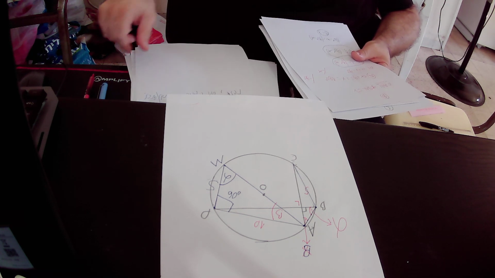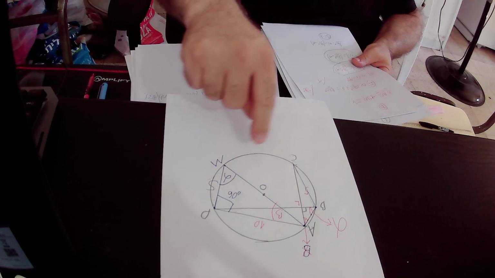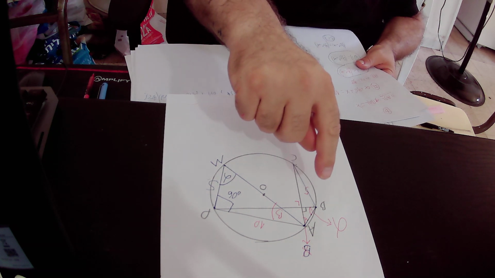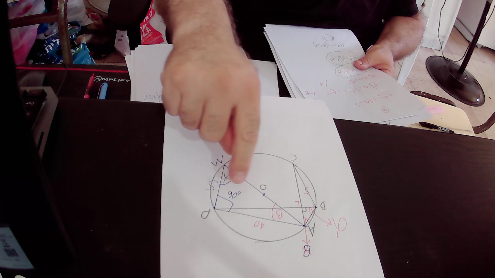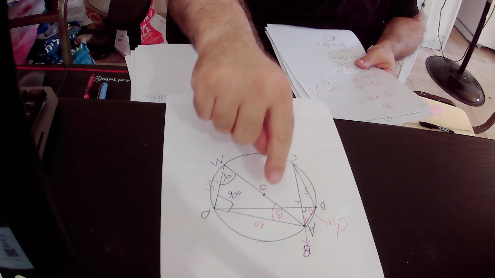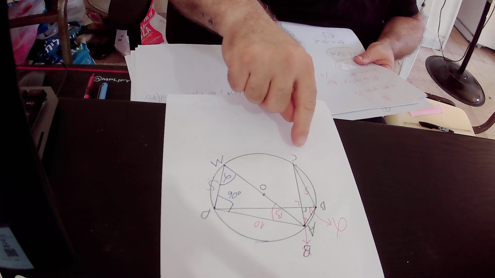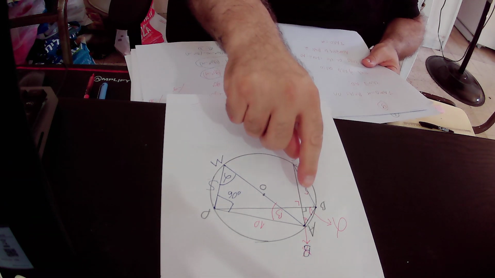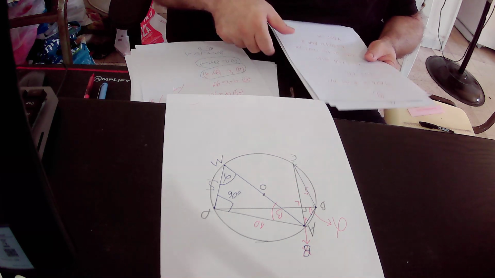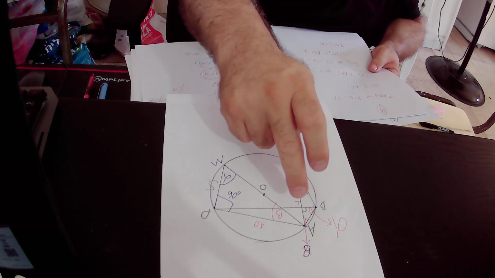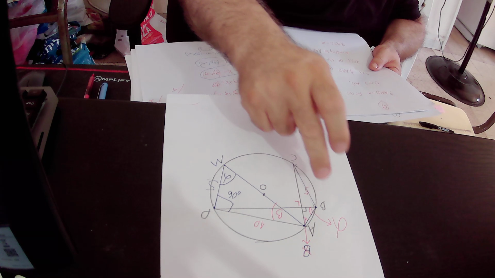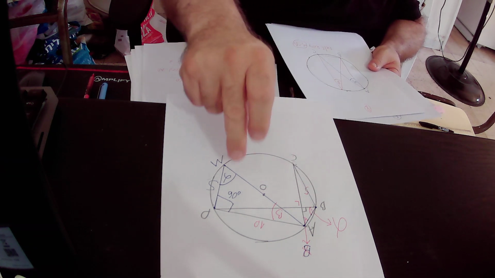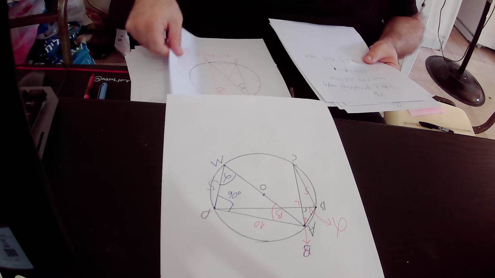And we know that the center of the circle is at point O. We also know that chord AD equals 10 units and chord BC equals 5 units, and this angle equals 90 degrees, so angle ALB equals 90 degrees, and we want to find out the radius of this circle.